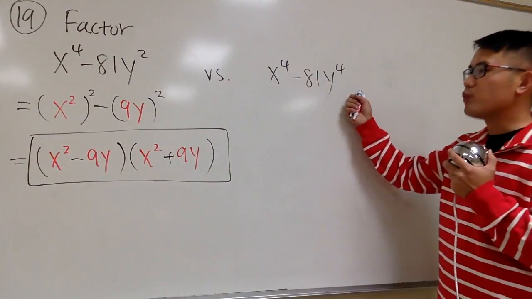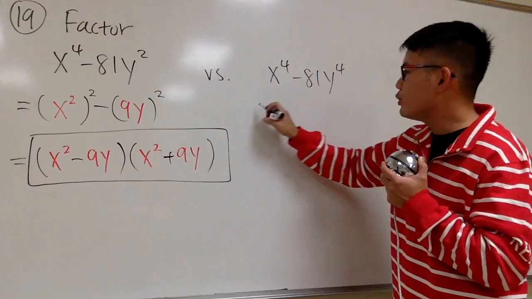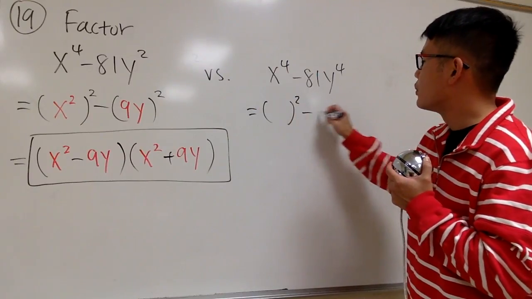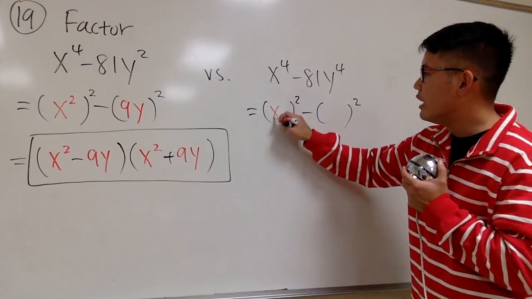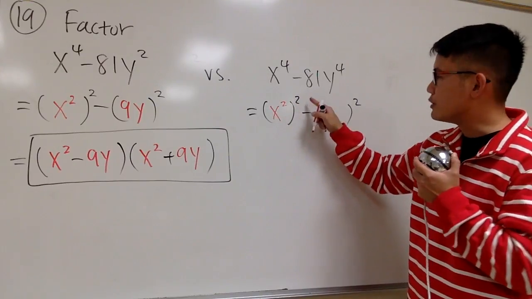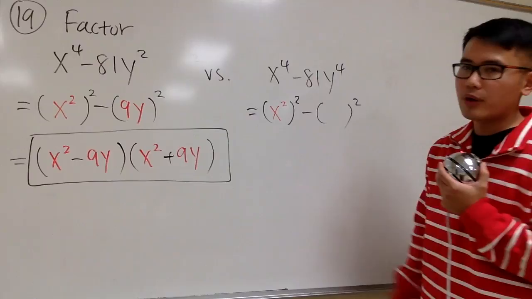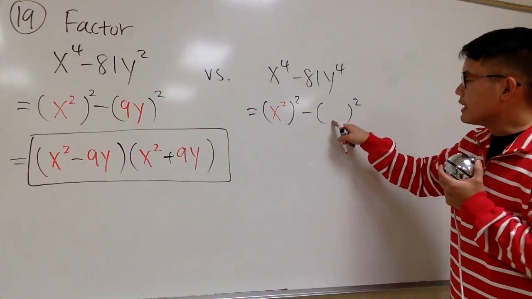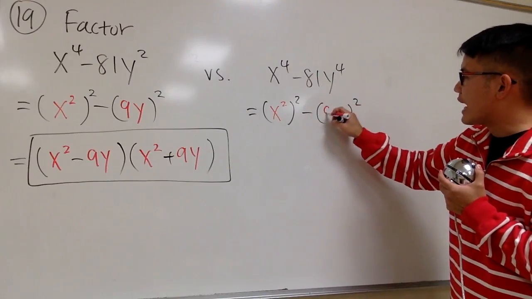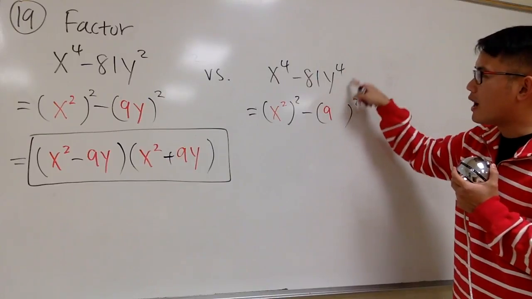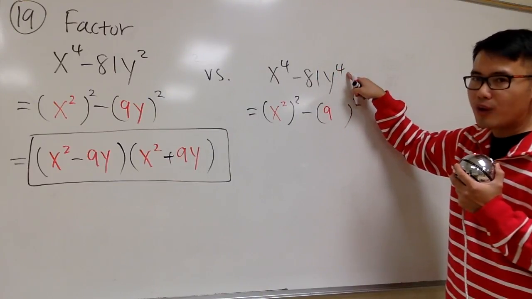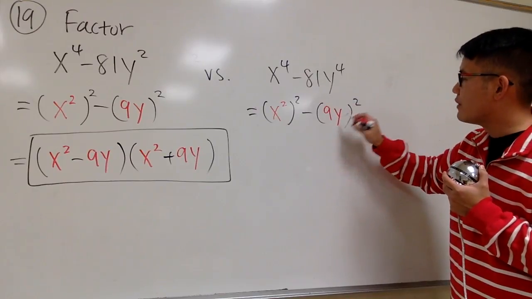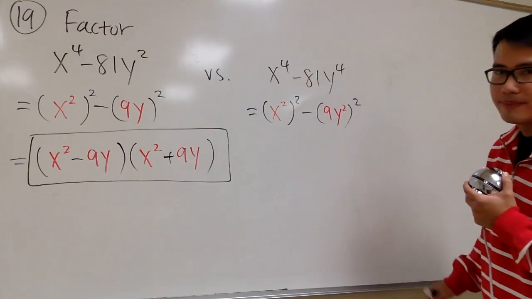In comparison with this one, well, once again, I will try to do this with the difference of two squares. And for the first parentheses, I'm going to put down x to the second power, raised to the second power, give us x to the fourth power, right? For the second parentheses, I am going to put down a 9 first, but then for this one, I need to end up with y to the fourth power. That means I need to have y squared.